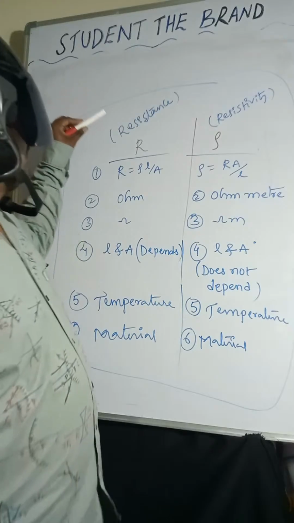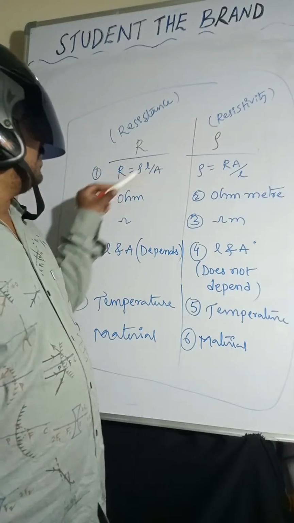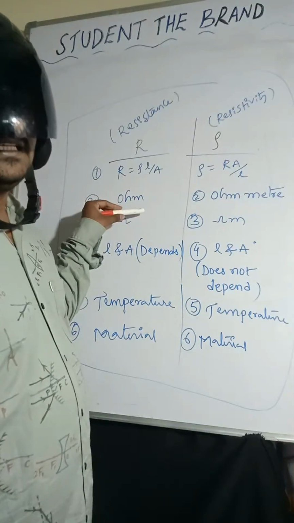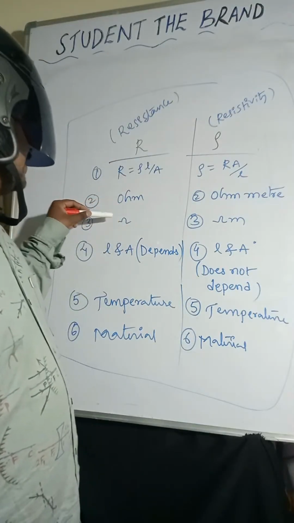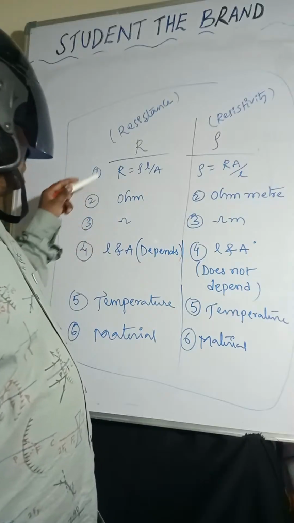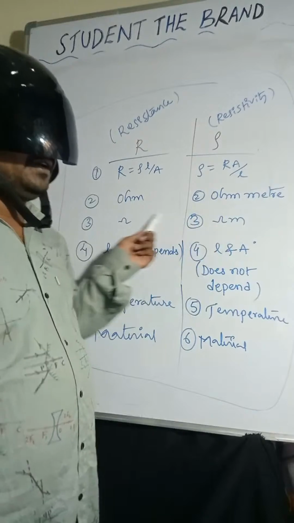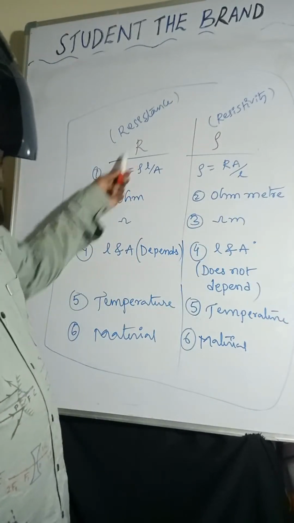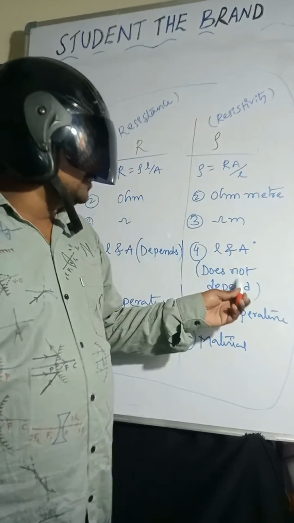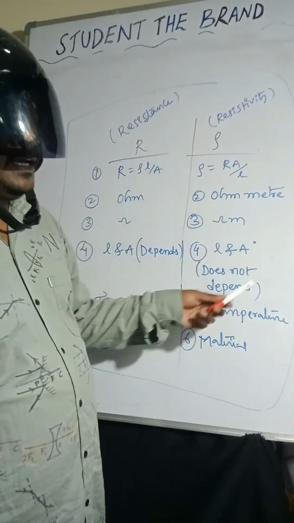So here, resistance R equal to rho into L by A. The SI unit of resistance is ohm. The SI unit of resistivity is ohm meter. Ohm meter symbol is this one. And coming to the depending factors, resistivity does not depend on length and area.